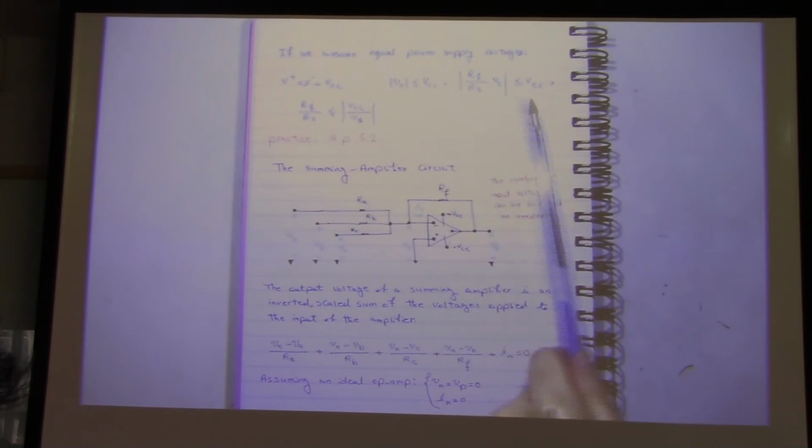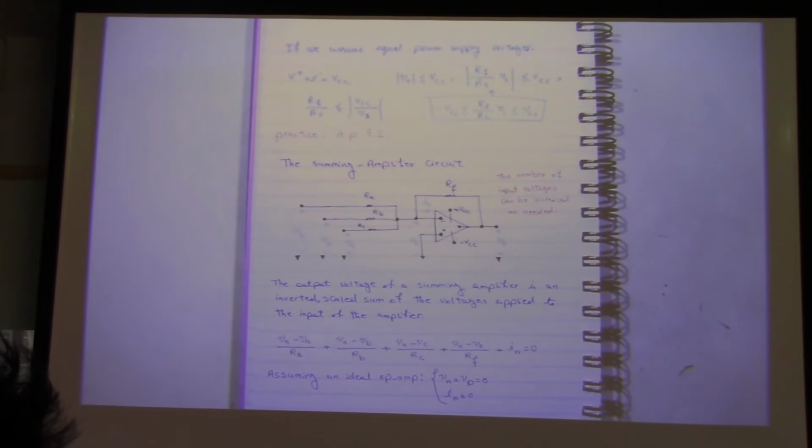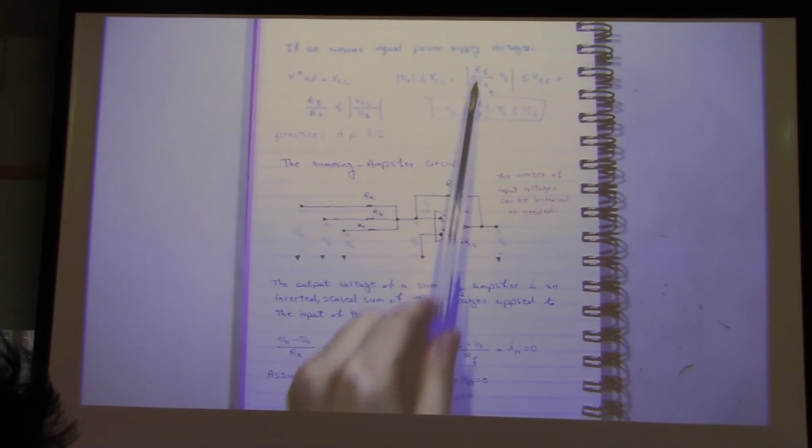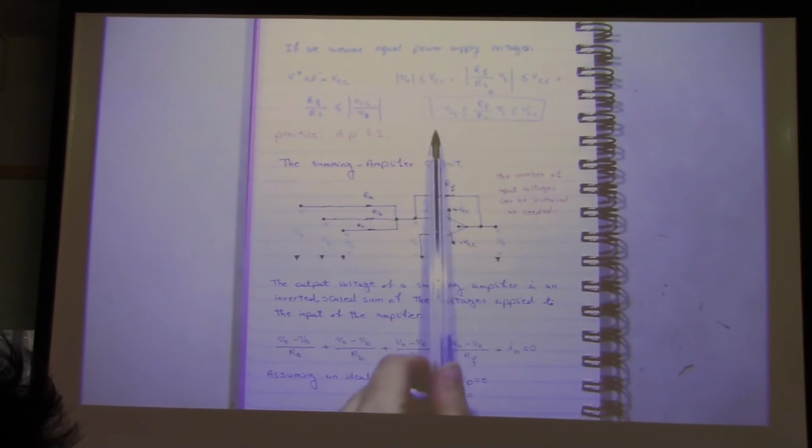Sometimes we write it like this. When I say the magnitude of this one is smaller than or equal to VCC, it means this.